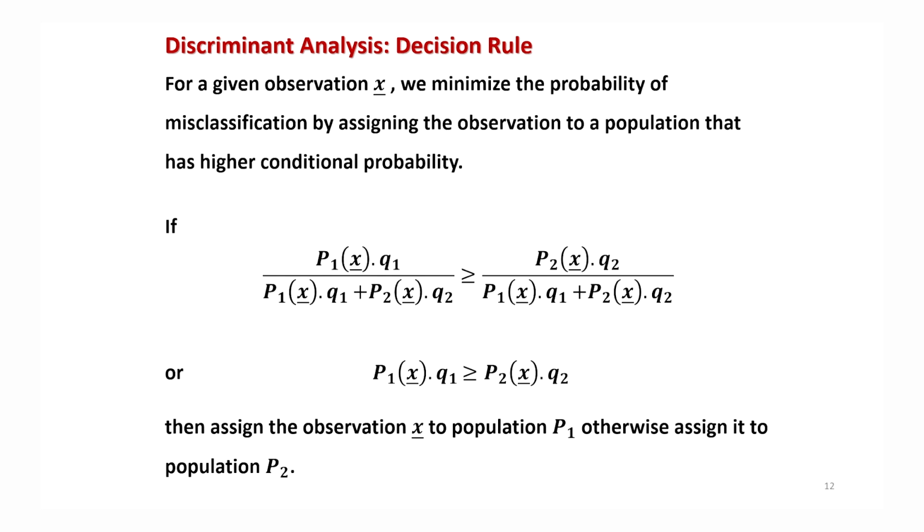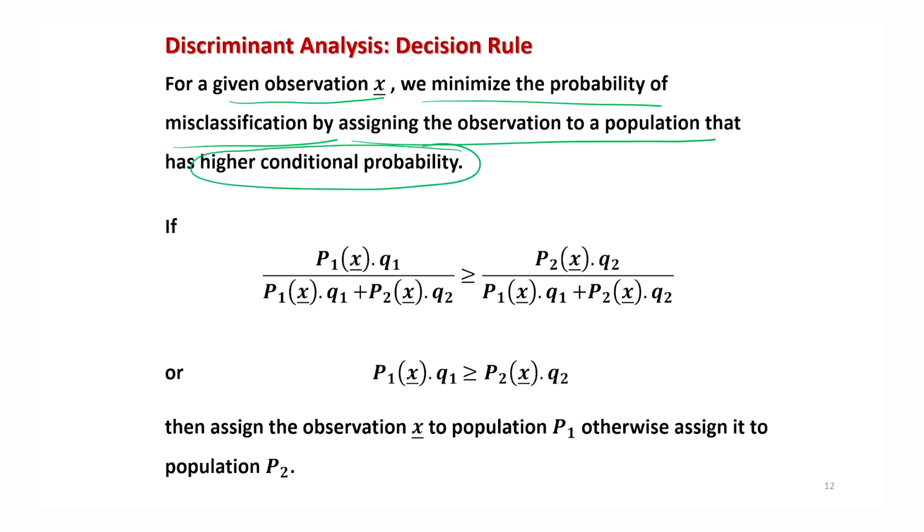We compute both the probabilities for this given observation x, and then we try to minimize the probability of misclassification by assigning the observation to the population that has the higher conditional probability, right? If you assign it to a population where the probability of misclassification is higher, then obviously the loss will be more.